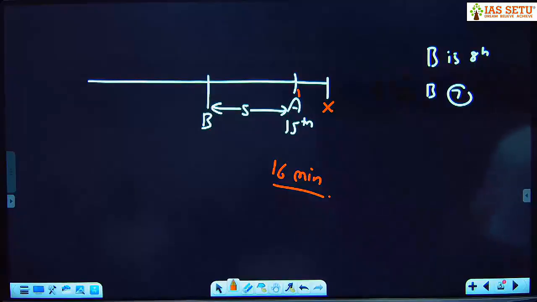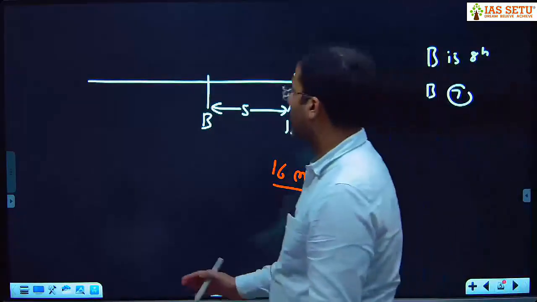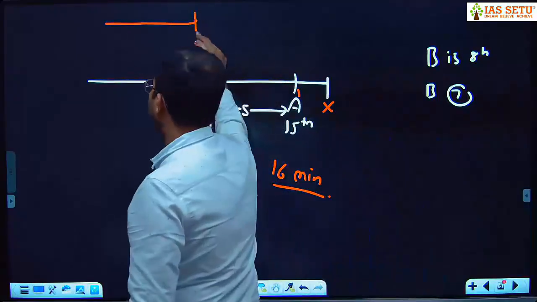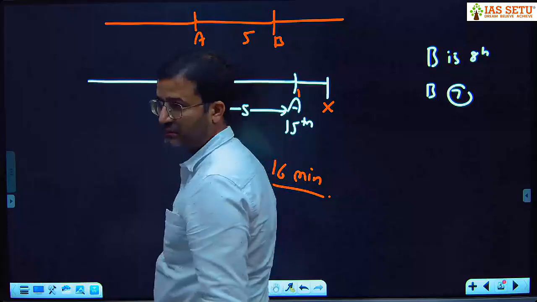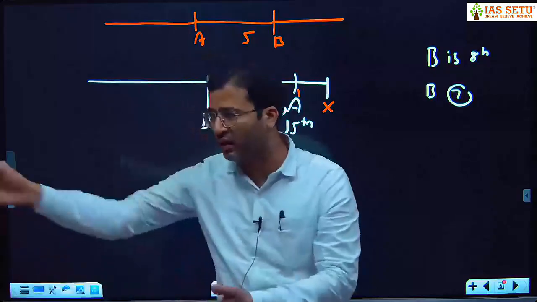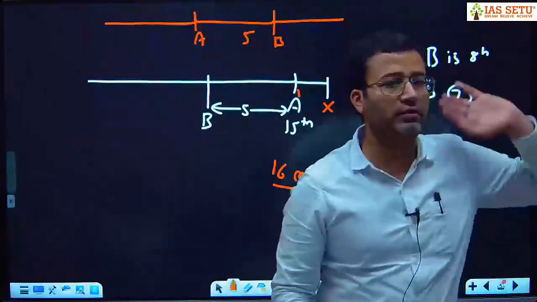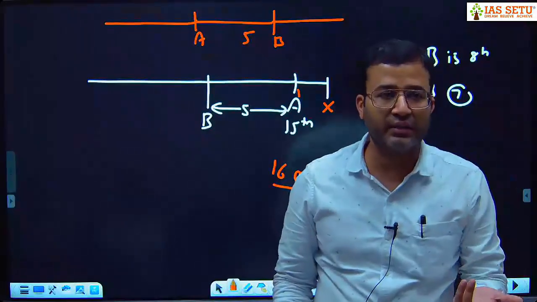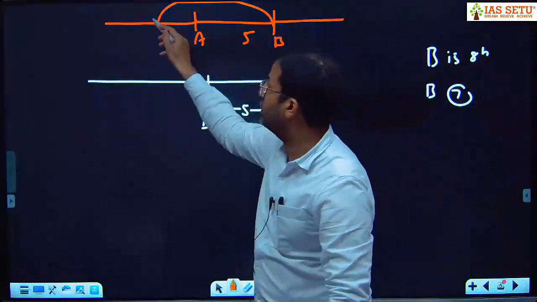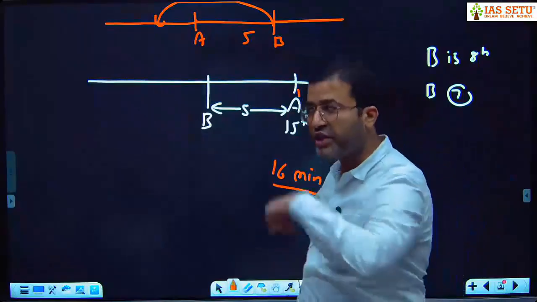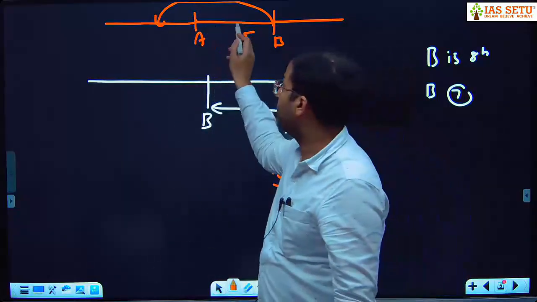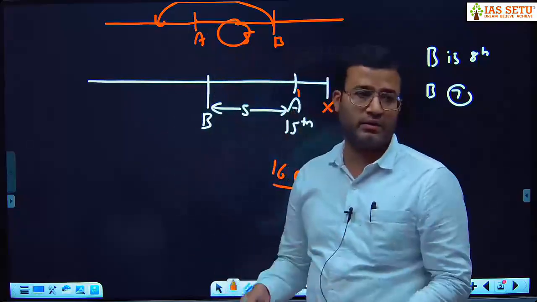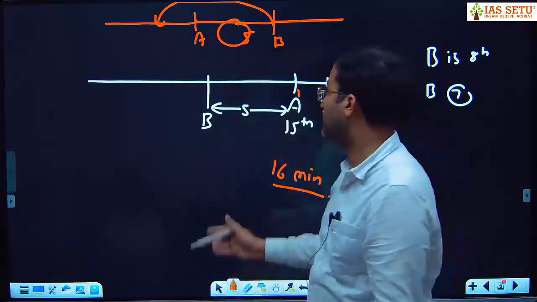Yes, Sangeeta, I can explain again. But first understand this. If it is A, these 5, then B, this gives you the maximum, because it is straightforward: A, 5, B, and no thinking needed. When will the minimum happen? When you bring B over here. If you change the position of B, then we get the minimum. Why? Because you make these 5 common. That will help you minimize the persons.